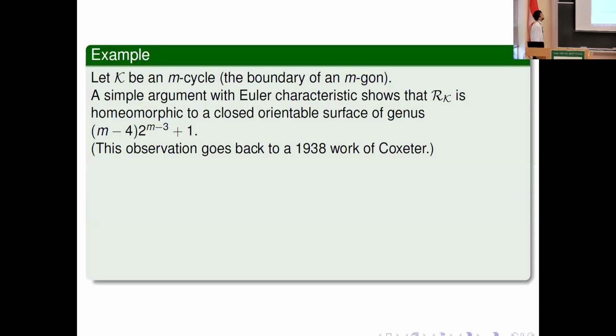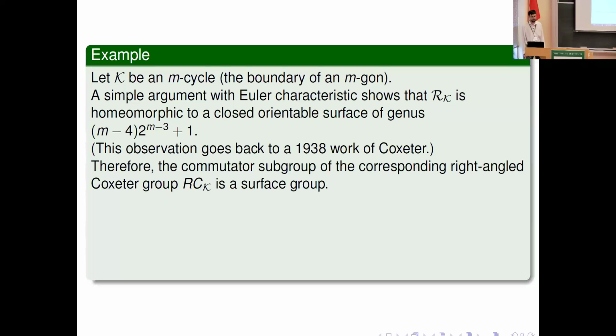We have an example. Let K be an m-cycle, the boundary of an m-gon. A simple argument with Euler characteristic shows that R_K, the (D^1, S^0) polyhedral product, is homeomorphic to a closed orientable surface of genus like this. This observation goes back to a 1938 work of Coxeter.